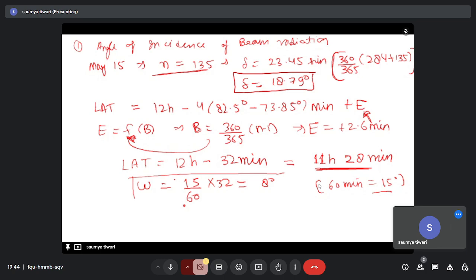First we see that the surface azimuth angle was 0 degree and your collector tilt angle was given equal to your latitude angle. So basically what has been mentioned is that phi is equal to beta. Your tilt angle is equal to your latitude angle.